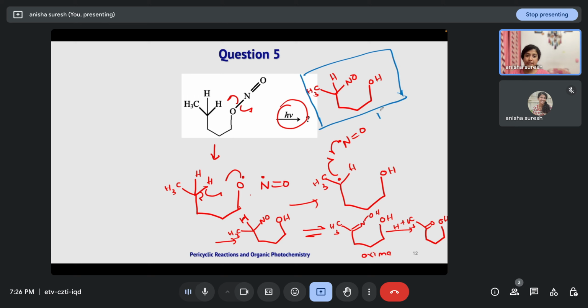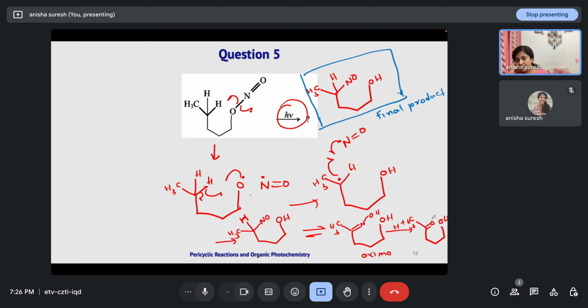This is the final product in this case. And if hydrolysis condition is given, then it will lead to formation of this ketone. Okay, alpha, beta, gamma. Gamma hydroxy ketone will be the product that will be resulting.